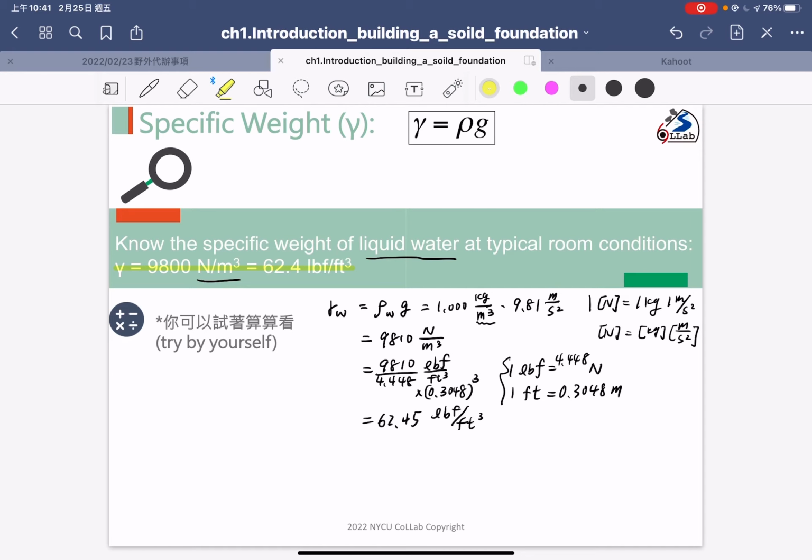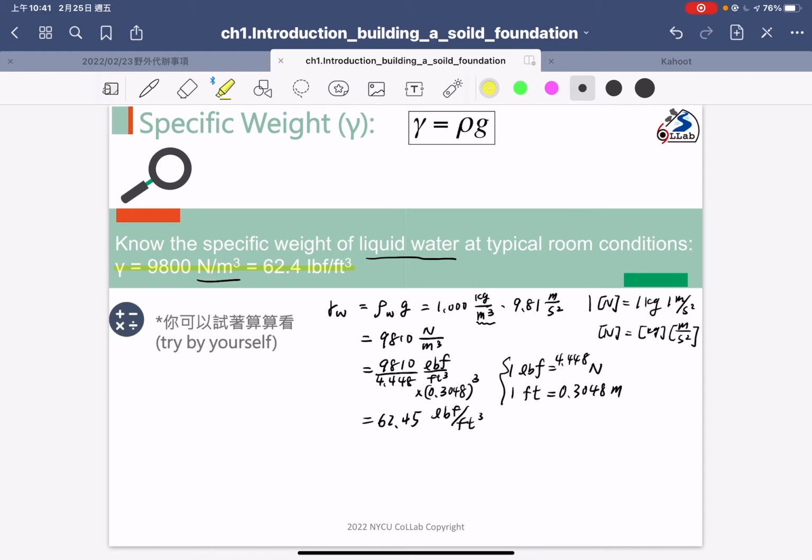For this one, it's quite famous, so I didn't introduce it again. But any two particles with mass will have an attractive force between each other. So we call that Newton's law.